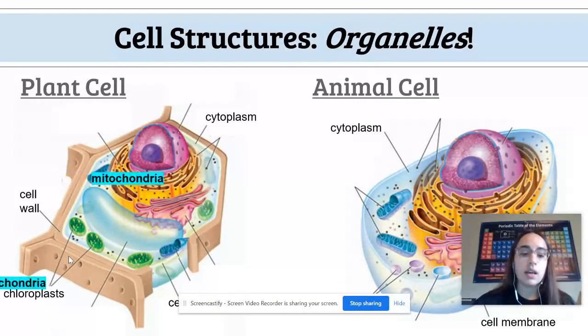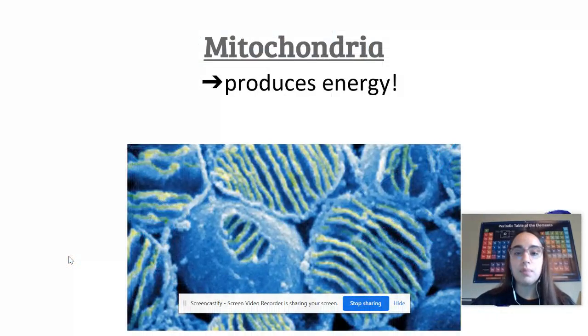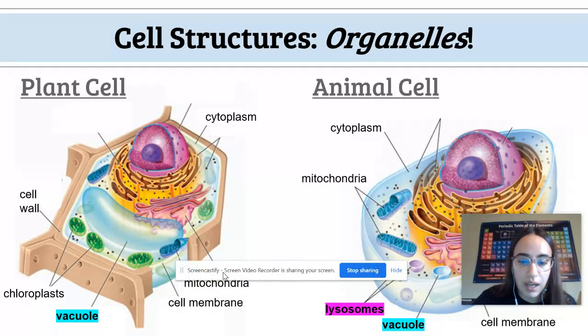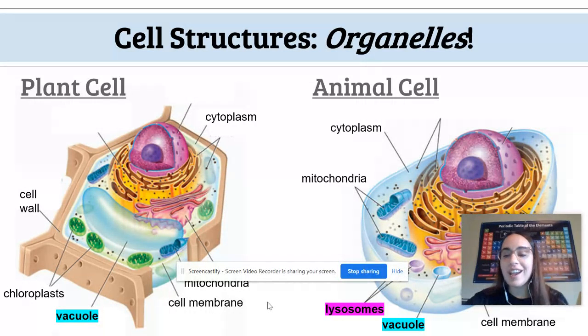Because plant cells don't eat food, they have a large vacuole, whereas human cells have multiple small vacuoles, and human cells also have lysosomes.